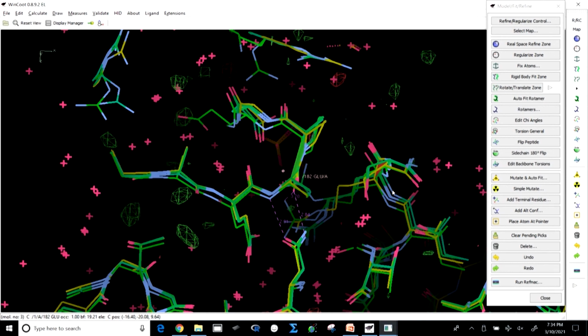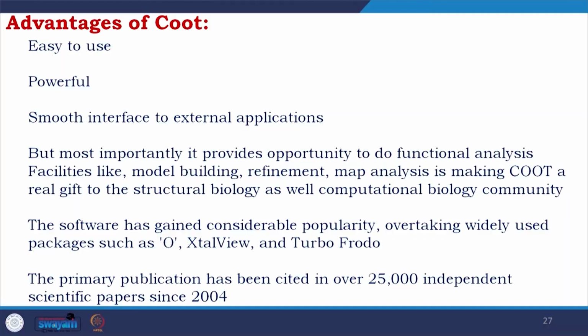As I told, there are other ones, but at this moment it is COOT which is used by the entire community. So, I would conclude this session by stating the advantages of COOT: it is easy to use, it is powerful, it has a smooth interface to external applications, but most importantly it provides the opportunity to do functional analysis, with facilities like model building, refinement, map analysis, making COOT a real gift to the structural biology as well as computational biology community.